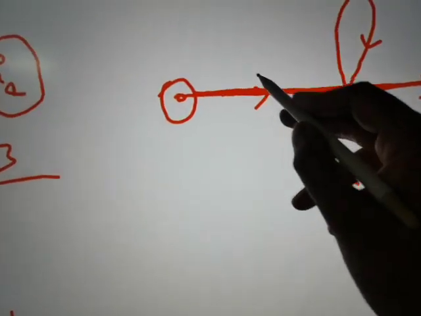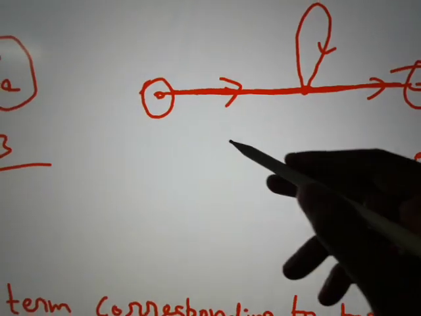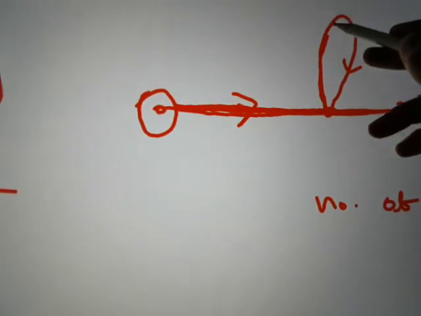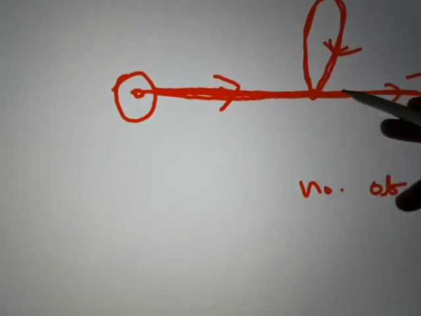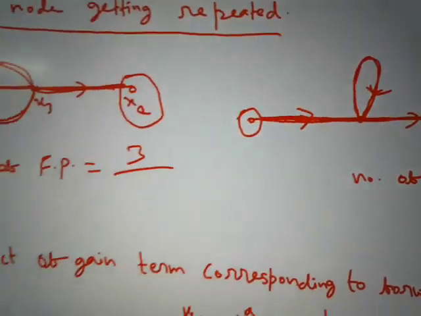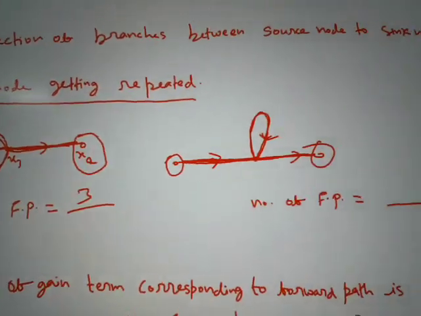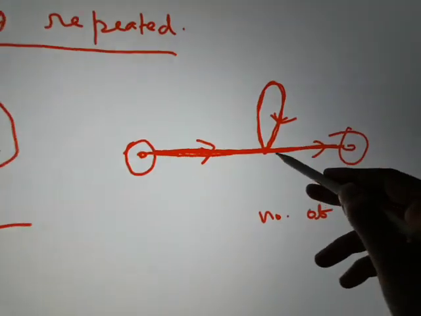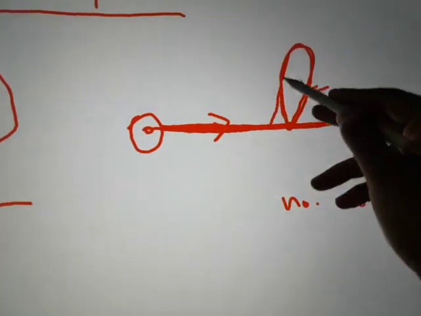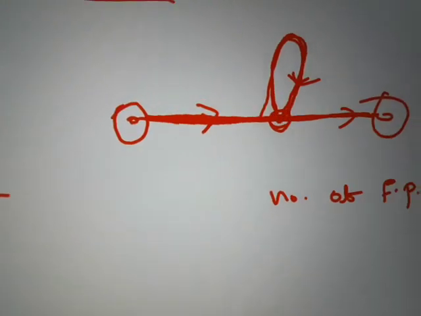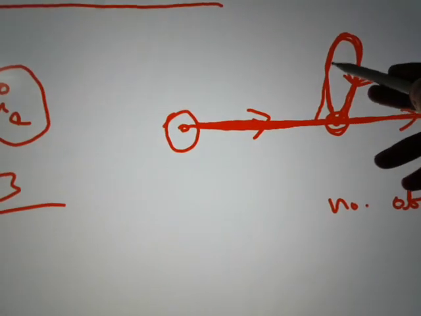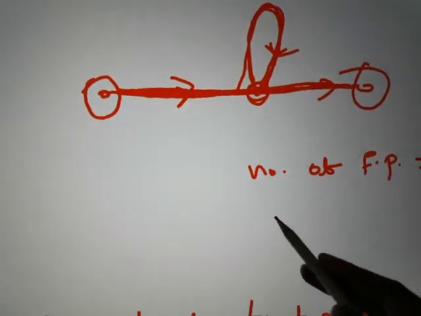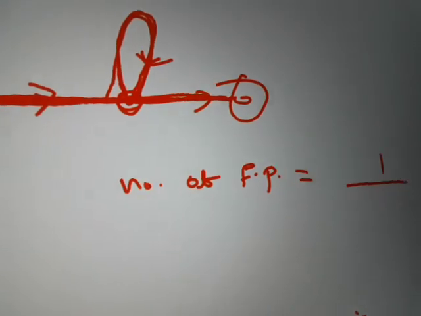Now one question in our mind is whether a path like this is also possible. But the definition of forward path is: without any intermediate node getting repeated. Here, for this path, this node is repeated, so this is not a valid forward path. So we have only this one forward path, so the number of forward paths here is only one.